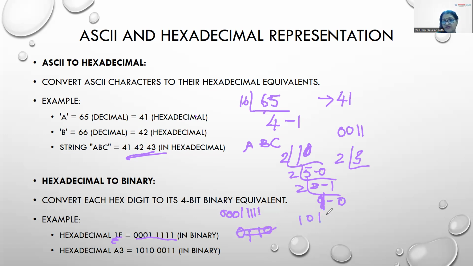And then 3 is 2 ones are 2, remainder is 1. So we have 1, 1. But we have to show it in a nibble. So 0, 0, 1, 1 we have to write. So that is the binary representation for A3. That is how we have to convert to binary from hexadecimal.